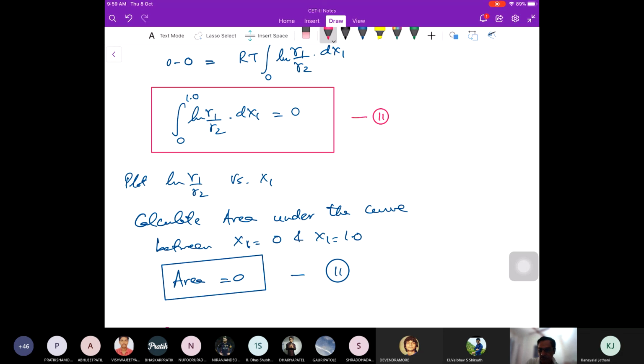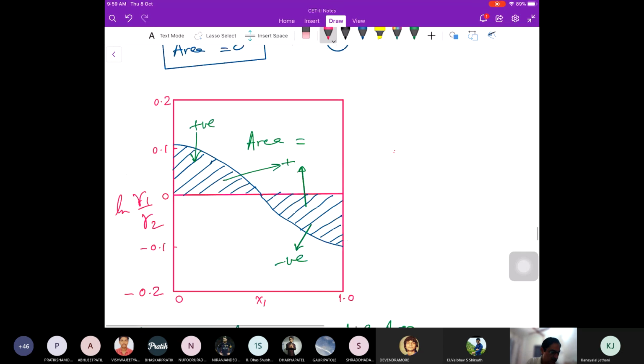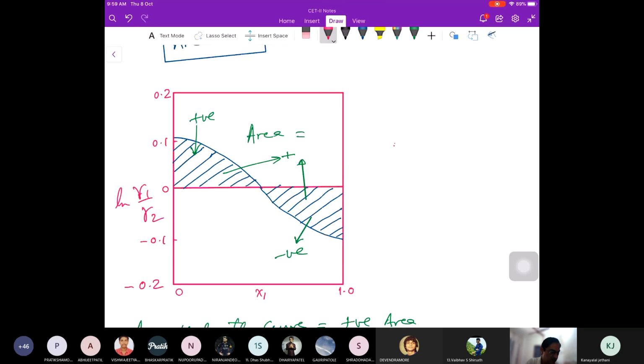Okay? If you plot this ln gamma 1 by gamma 2 versus x1, you'll get something like this curve. Area under the curve above 0 is positive. Area under the curve below 0 is negative.